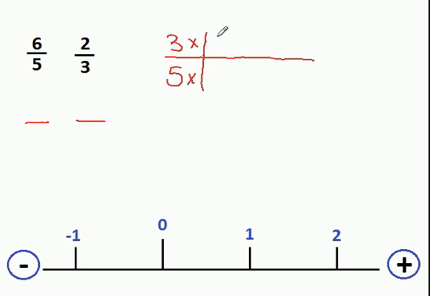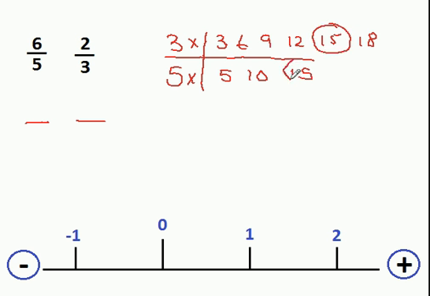Now, 3 times tables gives us 3, 6, 9, 12, 15, 18, and so on. 5 gives us 5, 10, 15, and as soon as we find one that's the same, the first one, we stop. So 15 is what we need to turn both of these 2 fractions into.